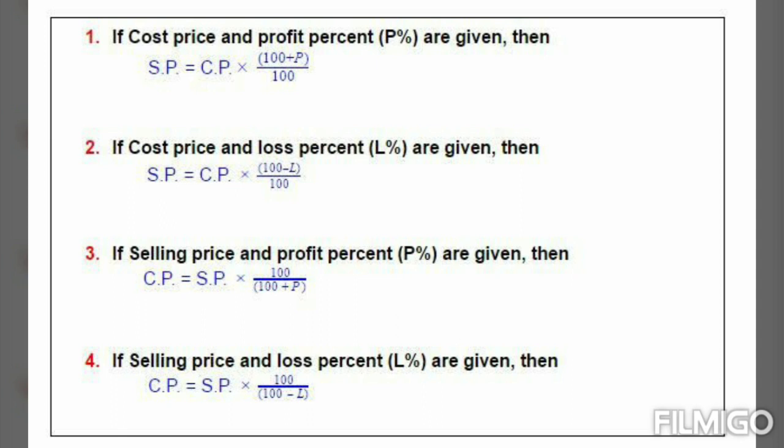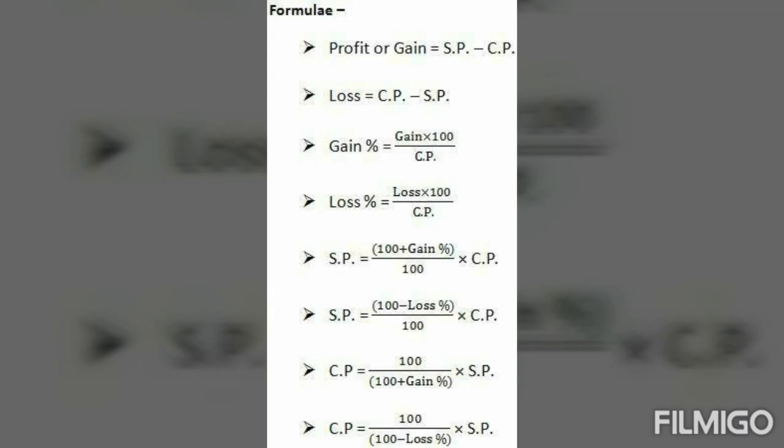If we have to find out the cost price, then it is 100 upon 100 plus profit percent into SP, or 100 upon 100 minus loss percent into SP. So these are very important formulas when cost price or the selling price is given with profit percent or loss percent. Now let's proceed to the next question.